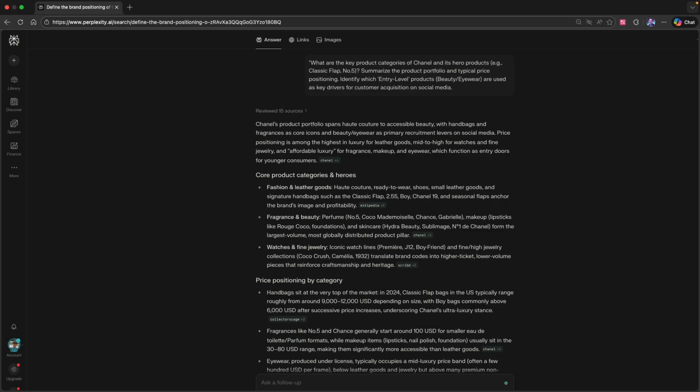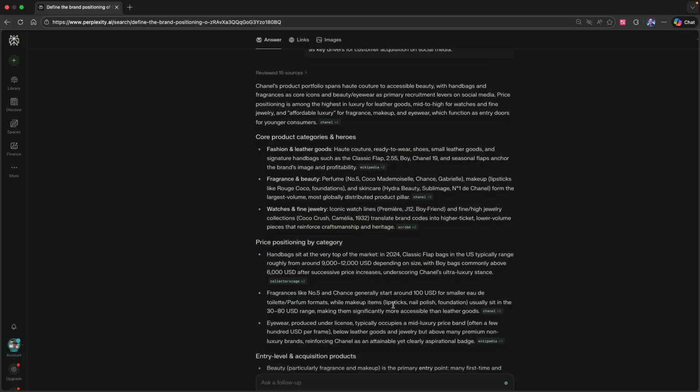Okay, now prompt 2 helps us build a product strategy. Look at this contrast. It's fascinating. On one side, we have leather goods sitting at the ultra luxury price point, $9,000 to $12,000 US dollars.